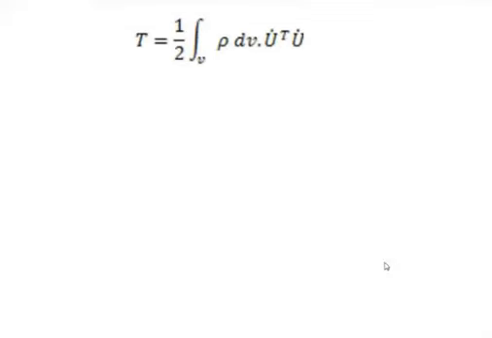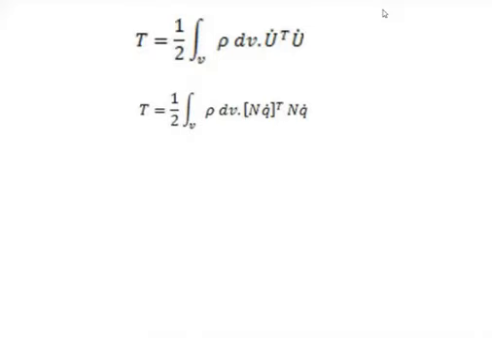So T is equal to half density into volume into velocity square. Now, if I want to write it in terms of 3D equation, it will be half integration over the volume rho, that is density, into dV u dot transpose u dot. So what is u? It is nothing but the field displacement. It is given by the shape function into nodal displacement, that is nothing but N into q.